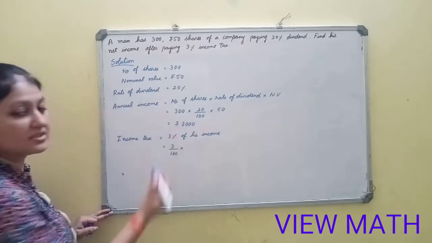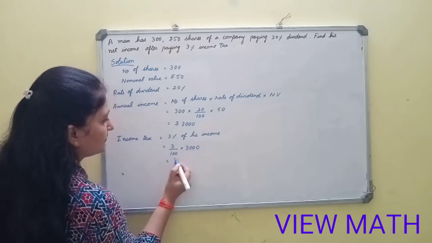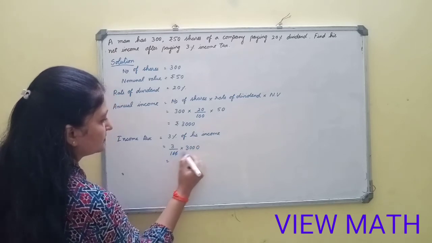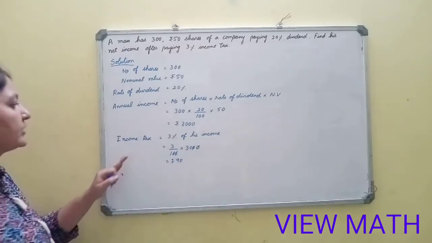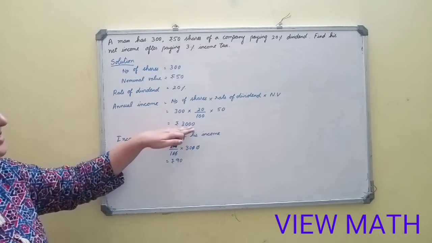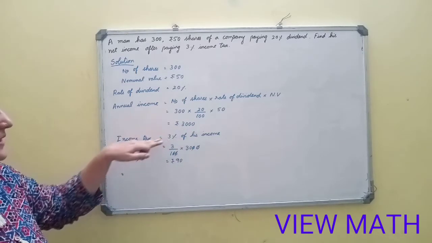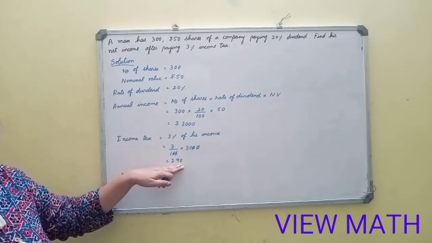How much is the income? 3000 is his income. So he will be getting rupees 90. So he is paying income tax 90 rupees.